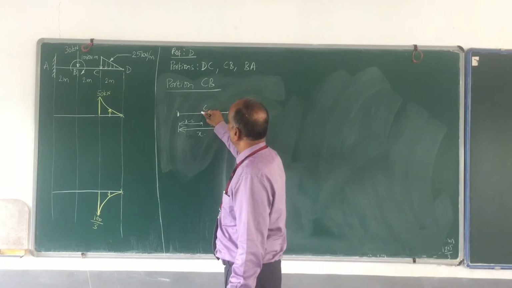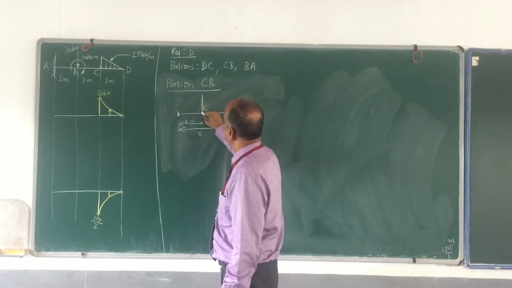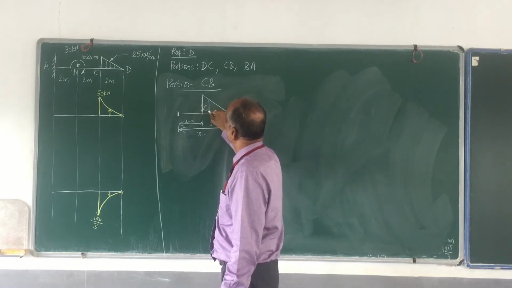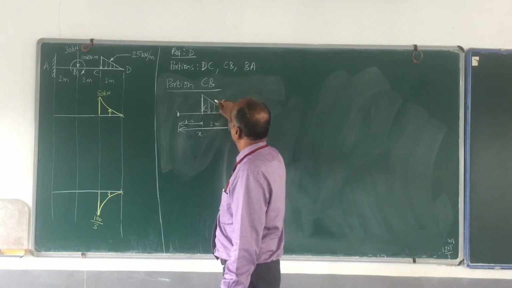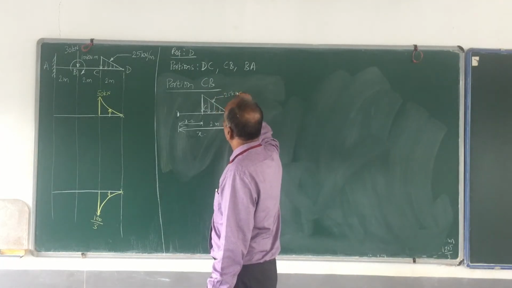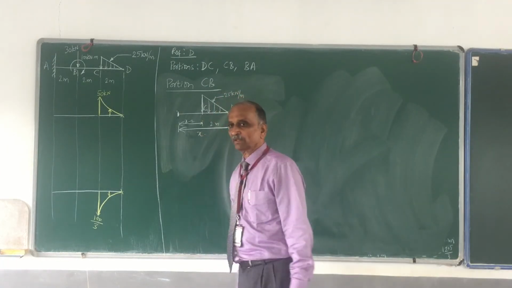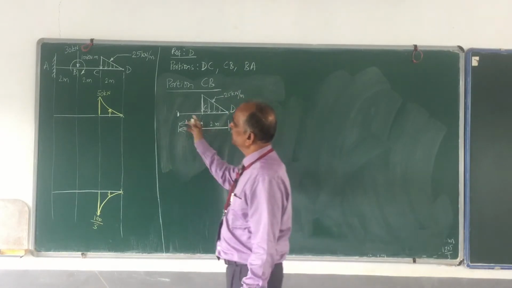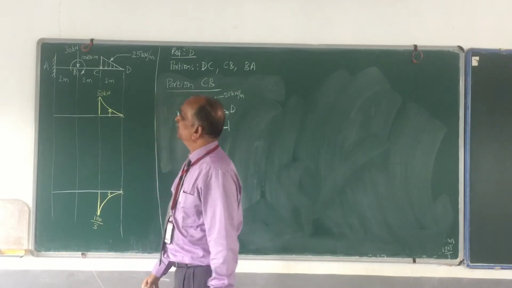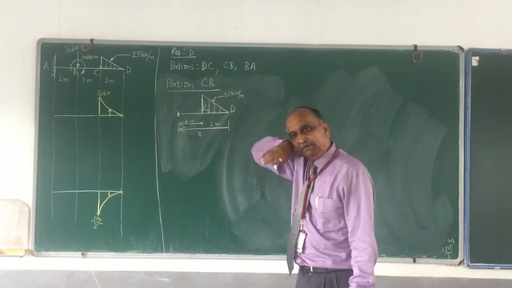Okay, so now I have a uniformly varying load. This is 25 kilonewton per meter. Any other load? I don't have any other load. The loads will appear again only from B onwards.